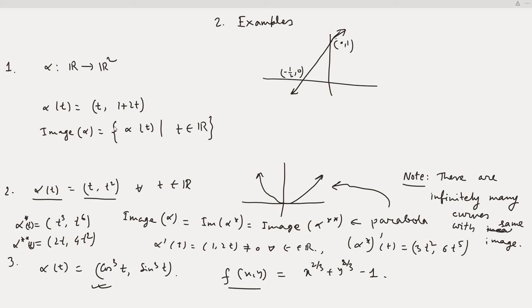And then we have given some examples. Alpha of t equal to the ordered pair (t, 1 plus 2t), this is a straight line. Second example, alpha of t equal to (t, t squared), this is the parabola, and we have more parameterizations of parabola.